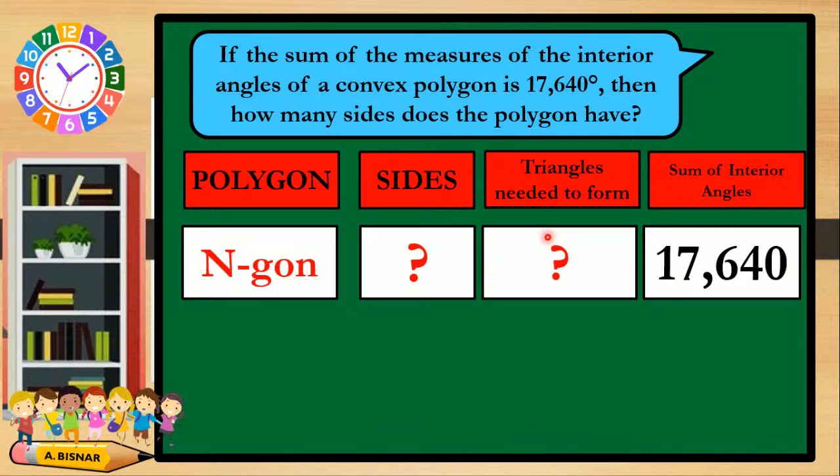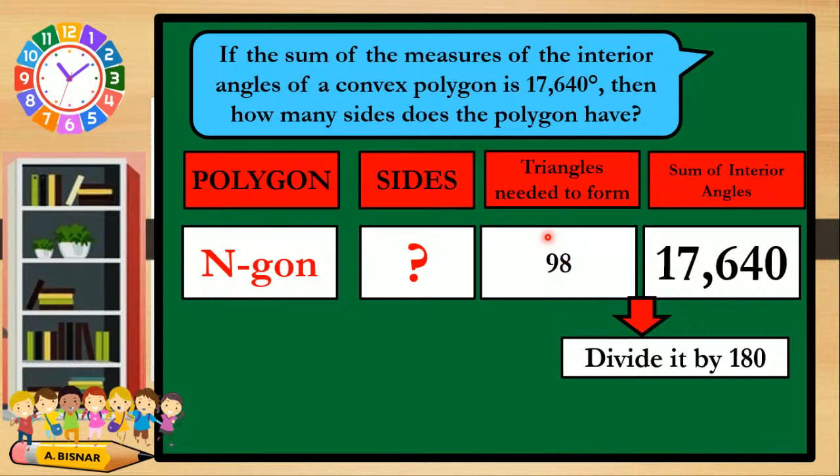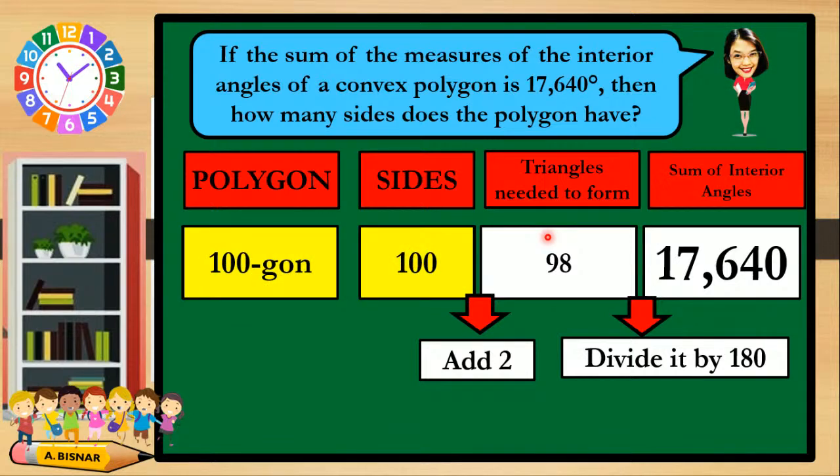Naku, hindi natin natapos. Meron pa tong kasunod na lesson. So, magkaroon na lang tayo again ng consultation para dun sa remaining lesson. Okay, correct. So, divide it by 180. You have 98. And then, you'll add 2. So, this means that it is a 100-sided polygon. Nice one.